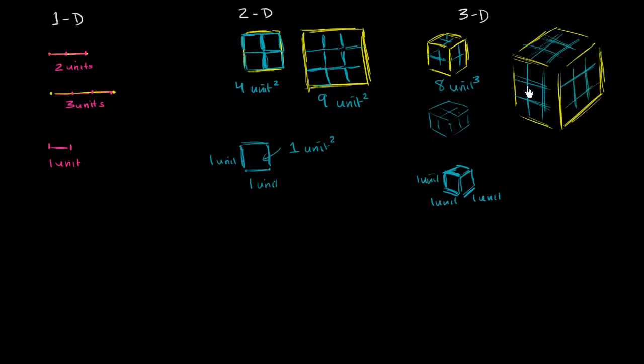And so if we were to try to take this apart, you'd have a stack of 3 sections that would each look something like this. So if you took 3 of these and stacked them on top of each other, you would get this right over here. And each of these has 1, 2, 3, 4, 5, 6, 7, 8, 9 cubes in it. 9 times 3. You're going to have 27 cubic units in this one right over here.